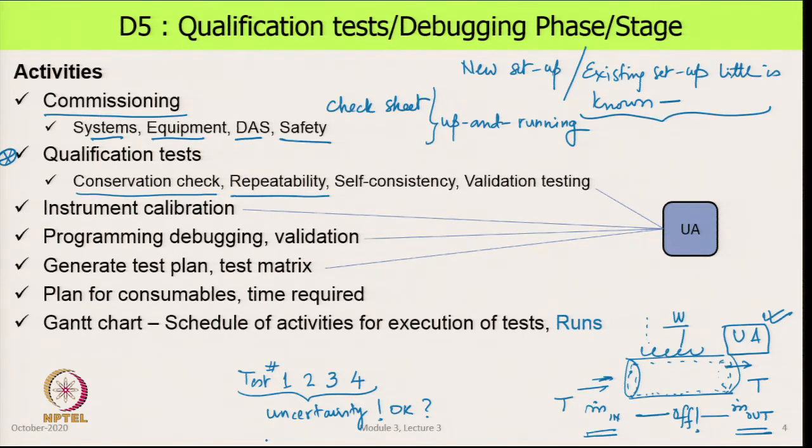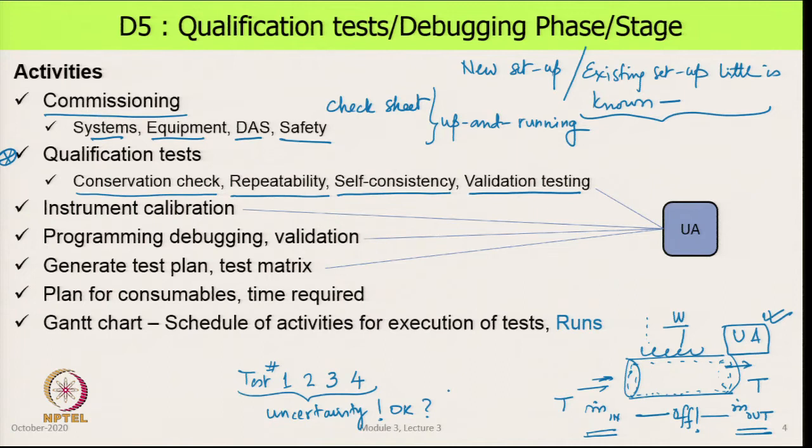The only expectation could have come from somebody else who had done experiments in the past. But this was one important thing, as well as this conservation check, about which we had no information at the pre-test uncertainty analysis stage. We are getting this data only now. Then we do a self-consistency check, and then there is validation testing.